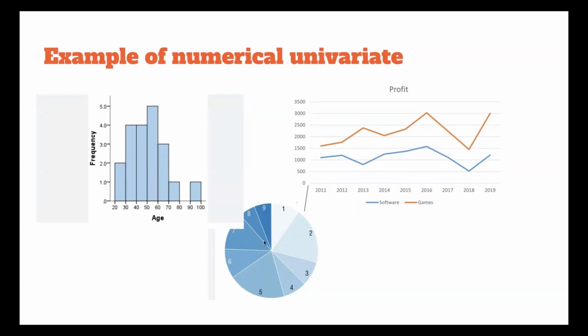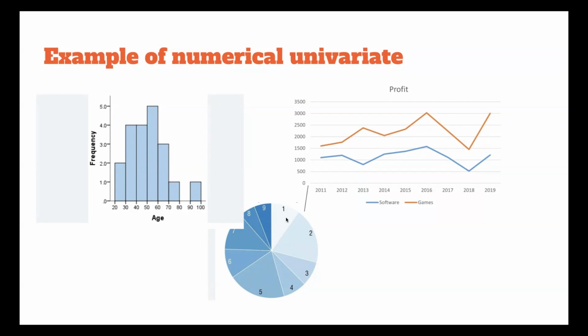Remember, we spoke about the fact that you should not run pie charts for a numerical variable. So imagine this is a number from 1 to 9. You could see what they did here was they grouped everyone 1, 2, 3, 4, 6. Imagine we are doing this for age, and we have 20 to 100.